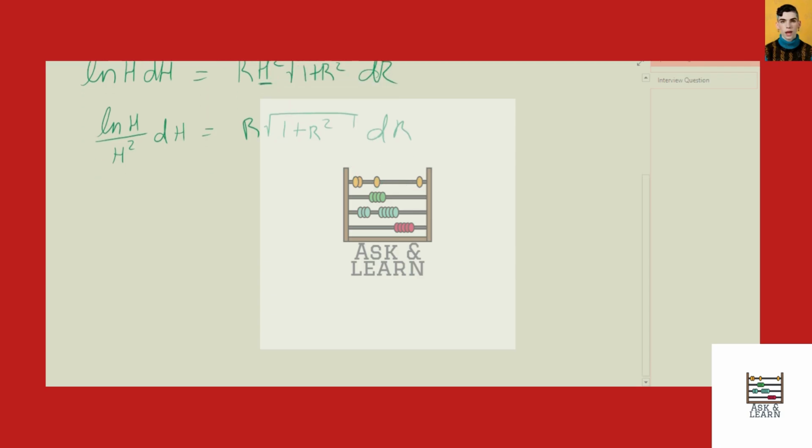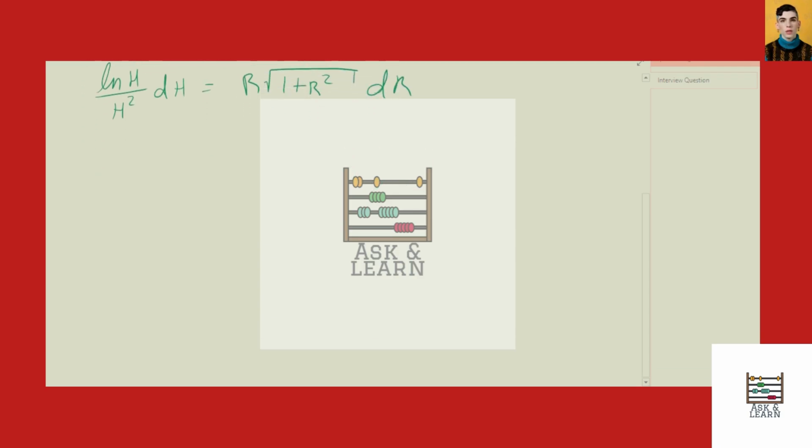So now we ended up with this. And since each side has d in their variable, dh and dr, that means that this here is a derivative of something. So we are going to integrate both sides.